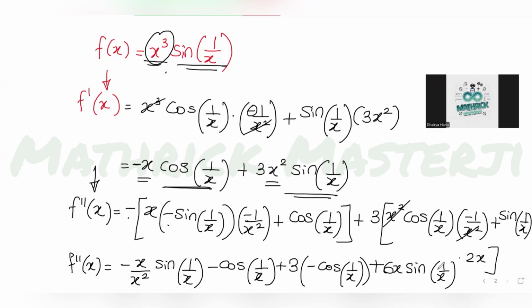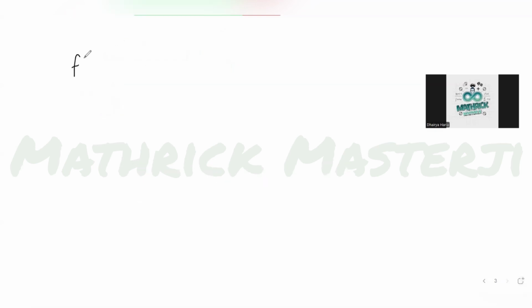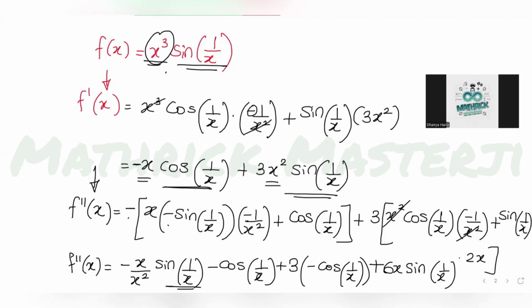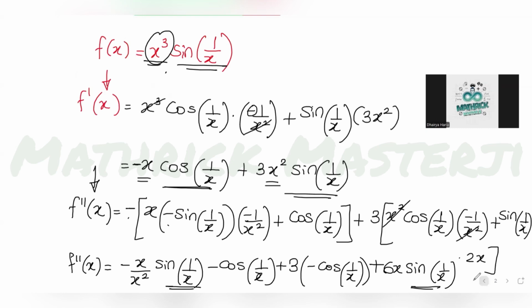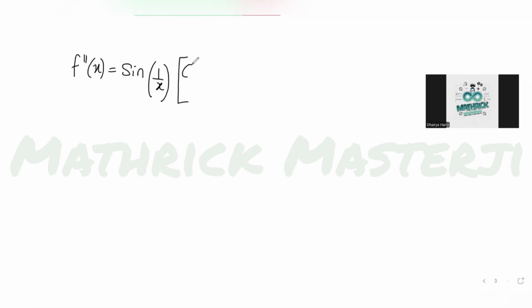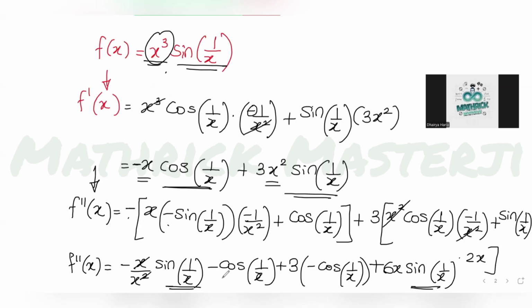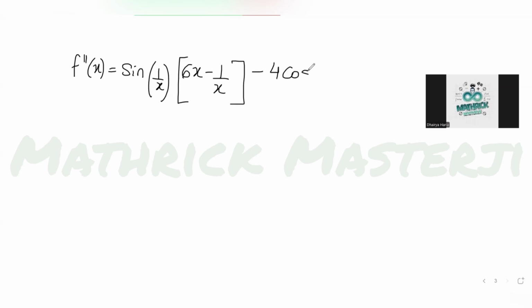So we have this. Now f double dash of x: for sine of 1 over x, it becomes 6x minus 1x, because x and x cancel. Now for cos, both of them are negative. So minus cos 1 over x minus 3 cos of 1 over x will make it minus 4 cos of 1 over x. So we have this double derivative.